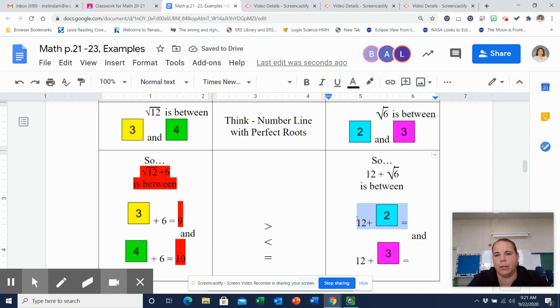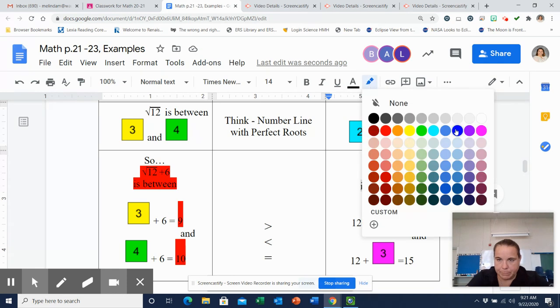The square root of 6 is really going to be around 2.5, but let's just say the smallest it could be is 2, it's not. It's going to be between 12 plus 2, which is 14, and 12 plus 3, because the square root of 6 is between 2 and 3. So that's 15.